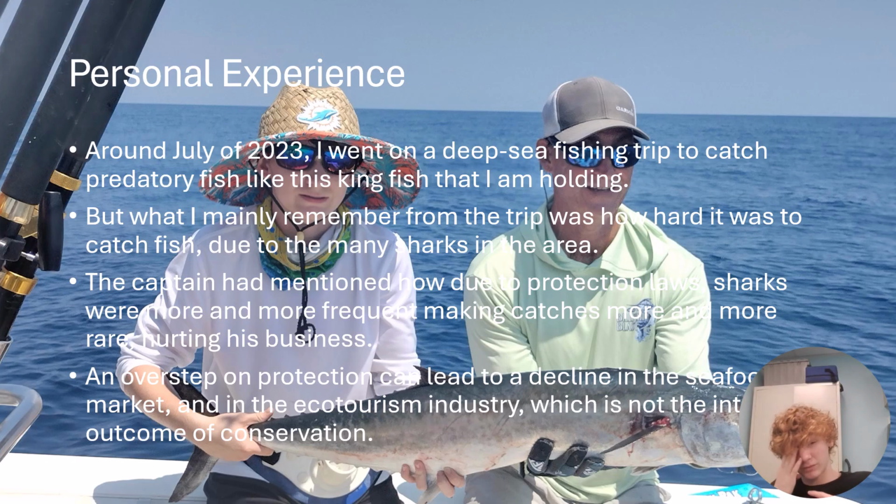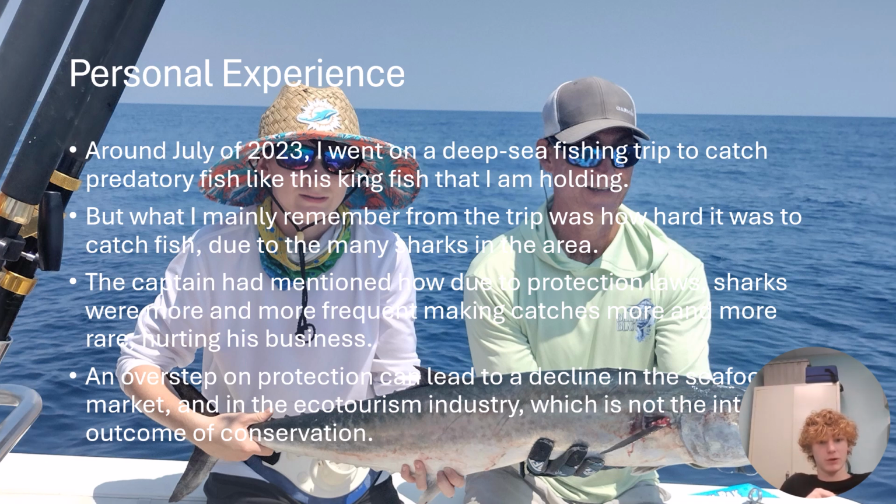So, for example, I went on a deep sea fishing trip in July of 2023, and one thing I noticed was how hard it was to catch a fish because there were many sharks around. They were breaking the lines and eating at the catches.